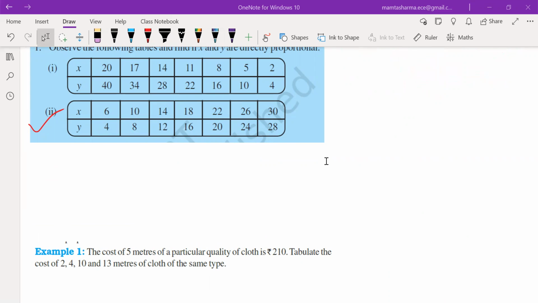Tanvi. Tanvi. Okay, Abhinav also sent me the revision worksheet.